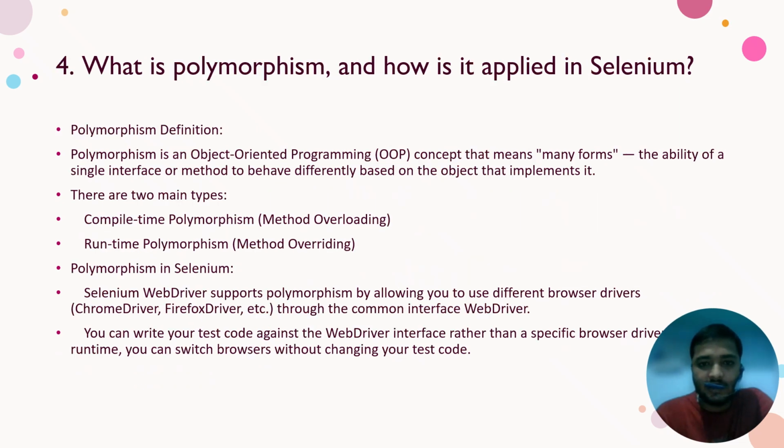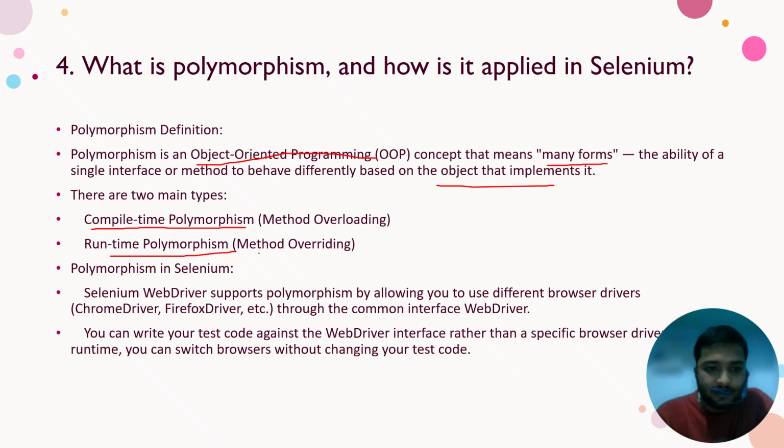What is polymorphism and how is it applied in Selenium? Polymorphism is an object-oriented programming concept that means many forms: the ability of a single interface or method to behave differently based on the object that implements it. There are two types: compile-time polymorphism, which is method overloading, and runtime polymorphism, which is method overriding.